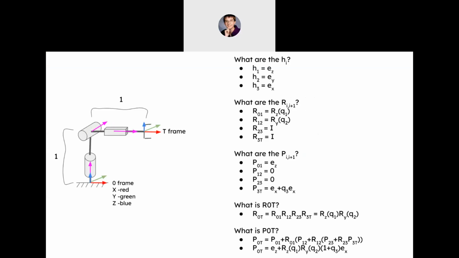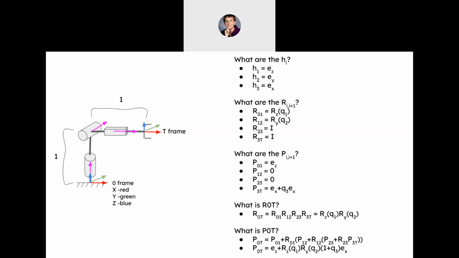All right, so our rotation axes, HI. Our first one is in the direction of Z, our second in the direction of Y, and the third in the direction of X. So we have EZ, EY, EX. Our rotation matrices: the first joint is a revolute joint, and we're rotating about H1, which is EZ.